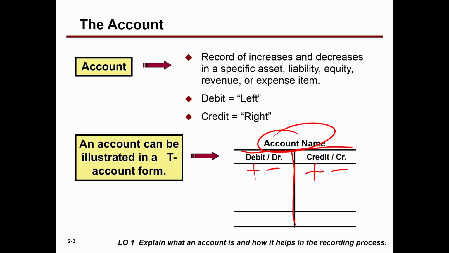And what you're doing now is putting the dollar amount either on the debit or the credit side to increase or decrease this account. And you're going to add up all the debits and add up all the credits and take the difference between the two to get a remaining balance. If you have more debits than credits, that remaining balance is going to be a debit balance. If you have more credits than debits, then the remaining balance is going to be a credit balance.